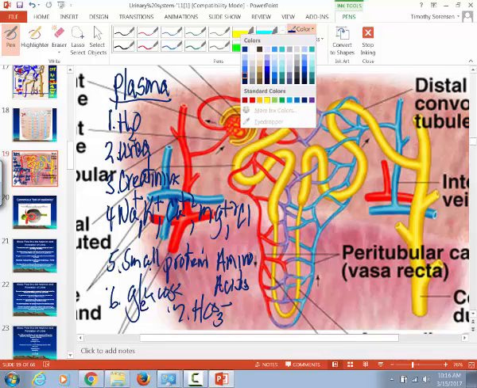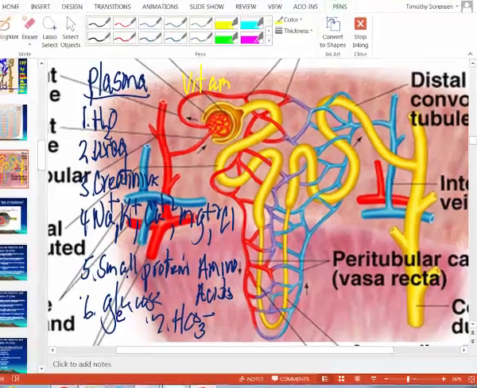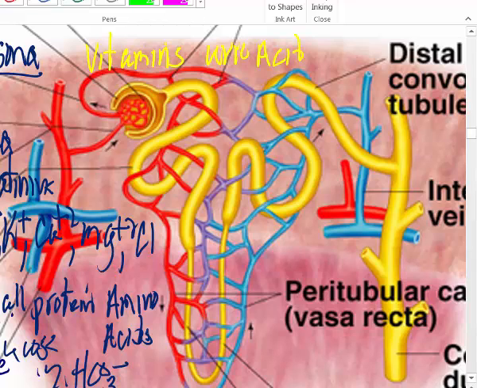Yeah, and then also there's some vitamins in there too, and those vitamins have to be reabsorbed. Another thing that's in urine is uric acid. Uric acid is a byproduct of DNA metabolism, so the nucleic acids.